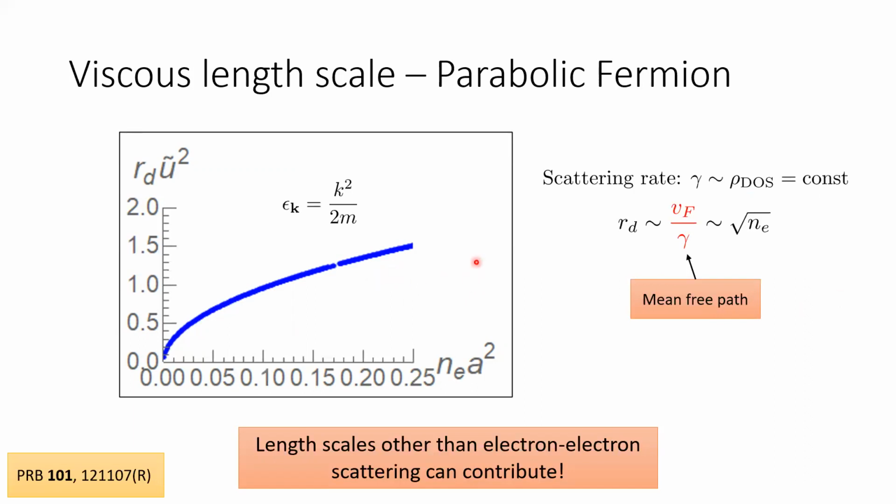And indeed, this is because your viscous length scale, RD, ends up being controlled by the impurity mean free path. And so, as many of you have mentioned already, the sigma 2 parameter that is controlling these non-local effects is getting length scale contributions not just from electron-electron scattering, but in this case, electron-impurity scattering.